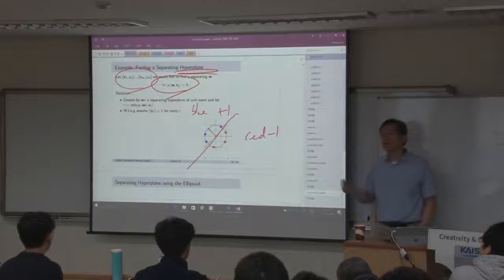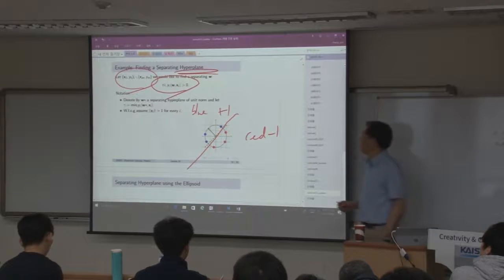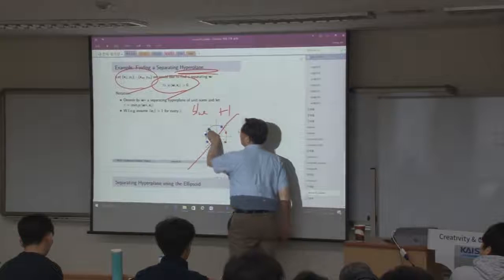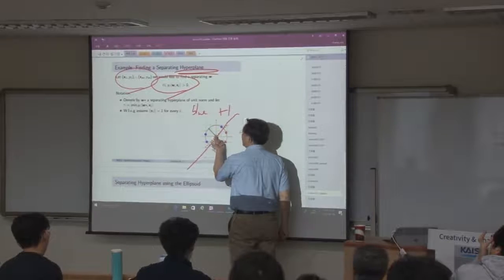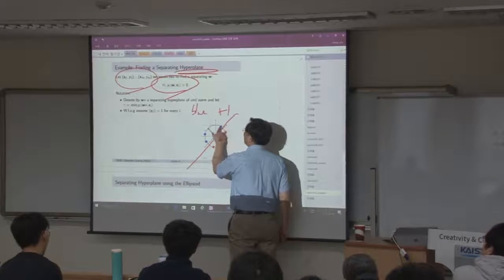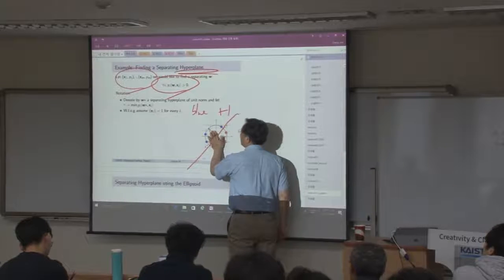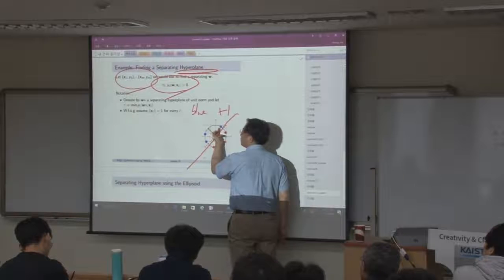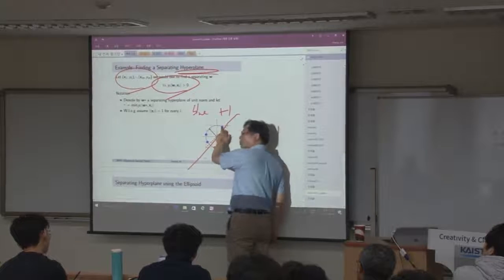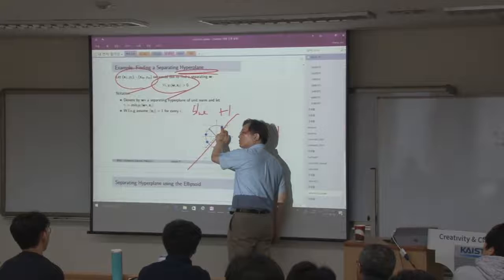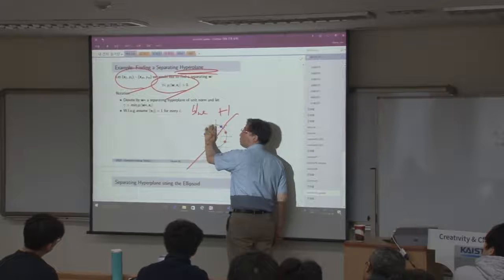Right? And I mentioned this. This is the direction of W. You take the inner dot product with this blue point, some positive value, then you multiply by the label, which is plus, then it takes a positive value.